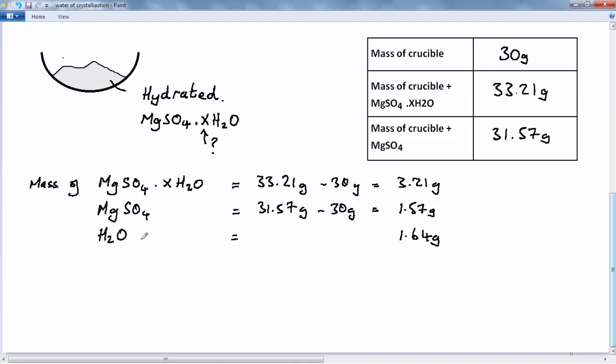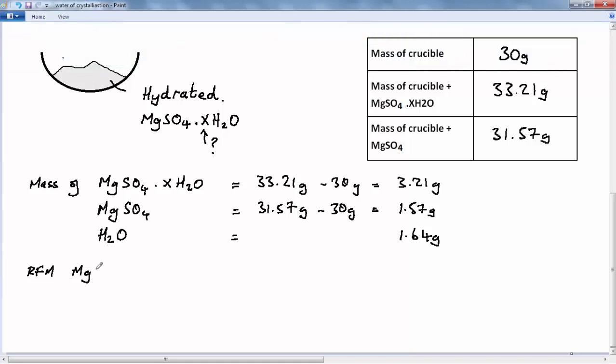So what we really want to know now is how many moles of magnesium sulfate there are present to the number of moles of water. And this ratio will always be a whole number.